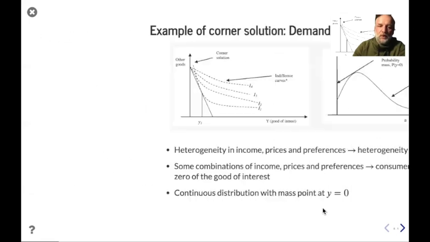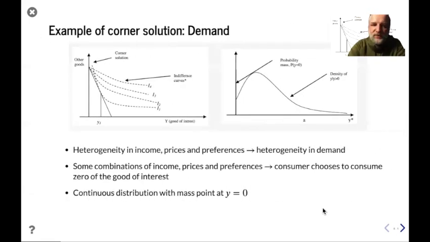Okay, so here's another example. That's demand. You got the good of interest here, and then there may be some other goods. You got your budget set here, and then we need to find the optimal demand. These are different indifference curves for different individuals or at different prices.